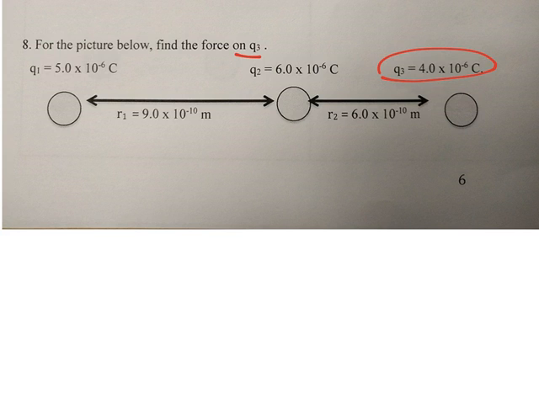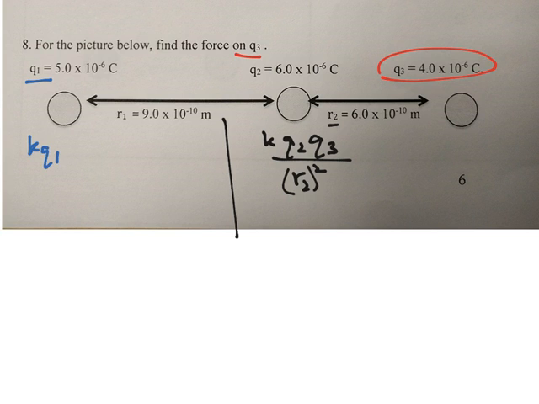So you're going to want to do the force between Q2 and Q3 times K over their R2 squared, because that's the distance between them. And then you're also going to want to do the distance between that and Q1, so it'd be Q1 times Q3. Again, over, you have to add your distances. If you're not sure, you can look back at how I added distances.